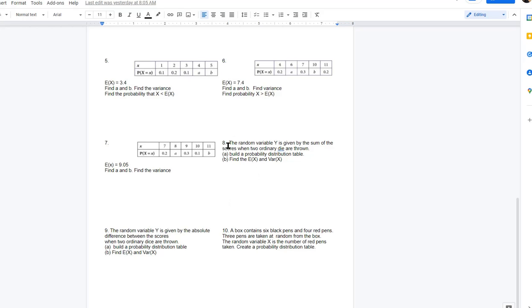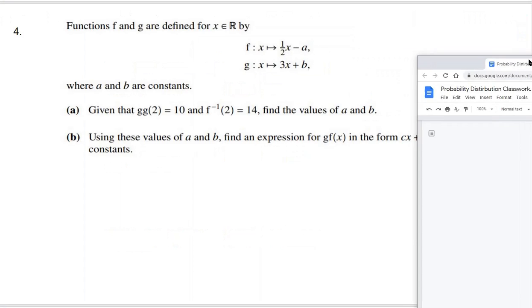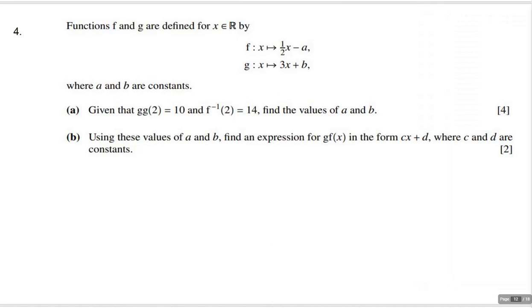So tell me what you're doing on 8 and 9. What are you doing with those? For number 8, the first thing I did was make a chart for the dice.